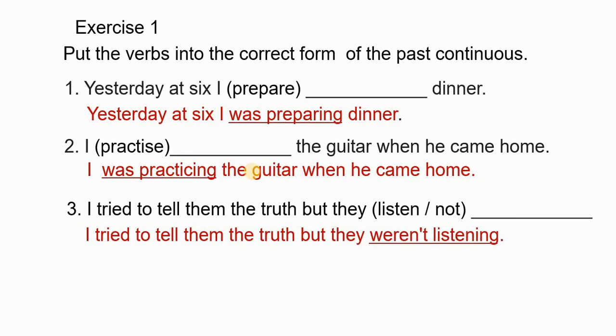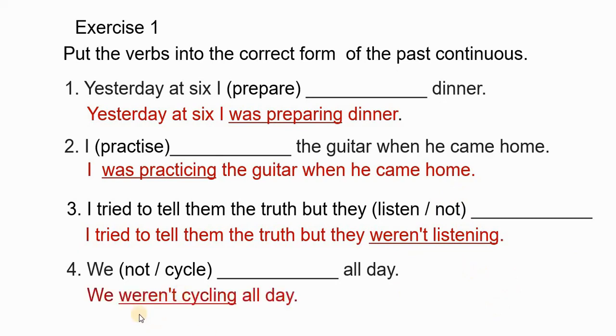I tried to tell them the truth, but they weren't listening. So guys, this is a negative sentence. Yes, in a contracted form, weren't. We weren't cycling all day. So again, this is a negative sentence. Negative form, weren't.